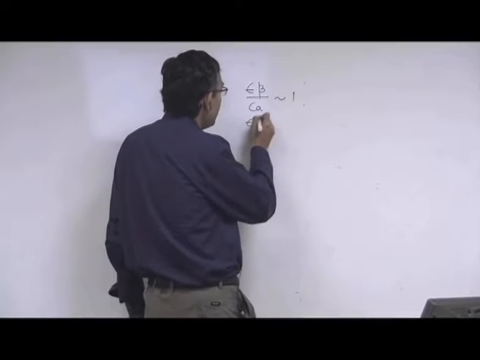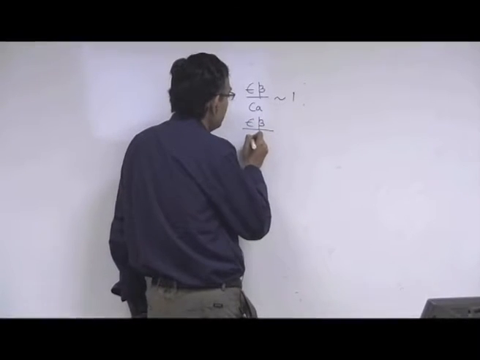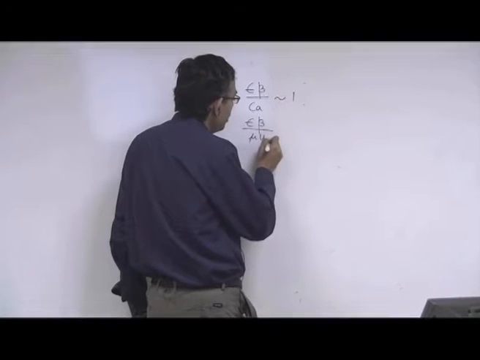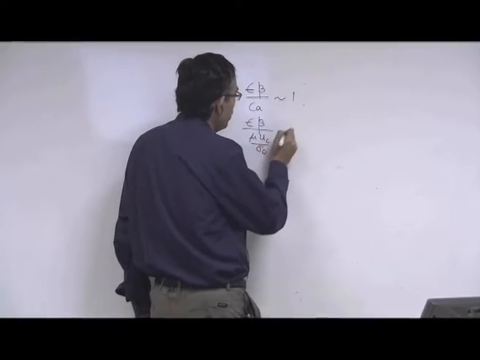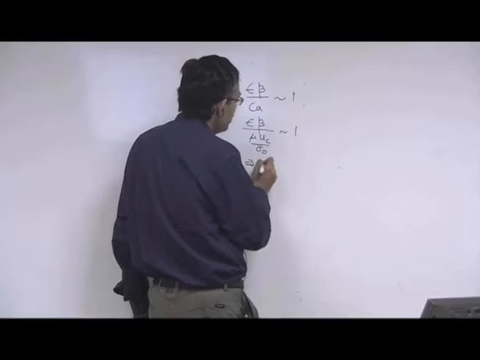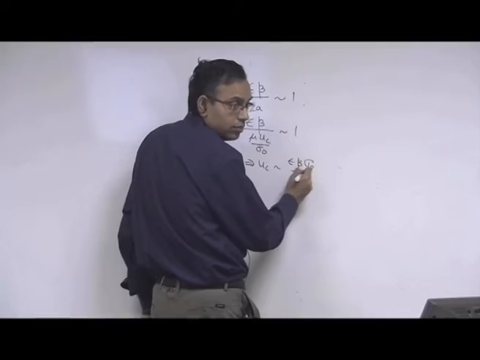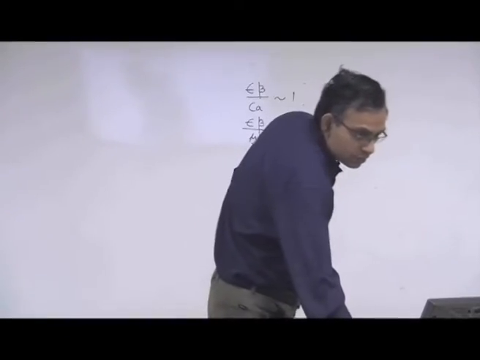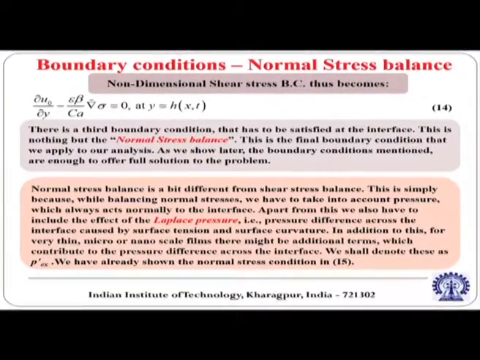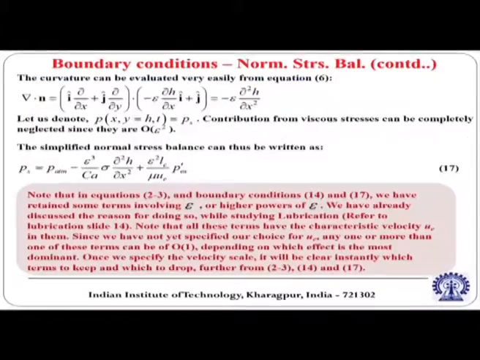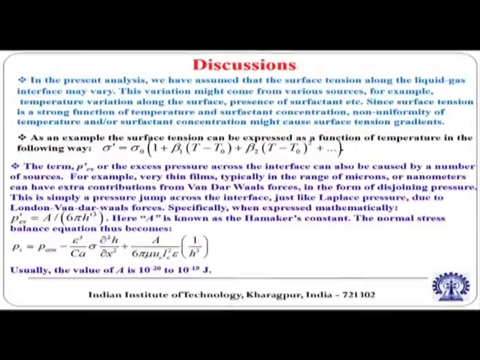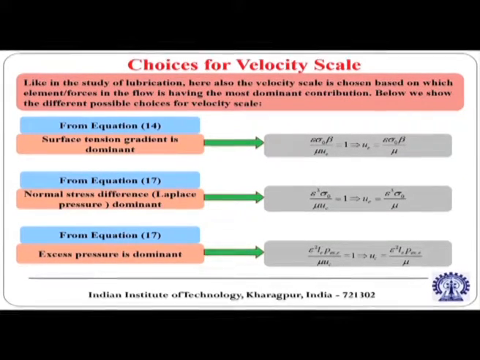So epsilon beta by mu uc by sigma 0 is of the order of 1. That means uc will be epsilon beta sigma 0 by mu. So we can get back to that slide where various scales are ascertained. Epsilon sigma 0 beta by mu, that is how the surface tension gradient driven velocity scale can be ascertained.